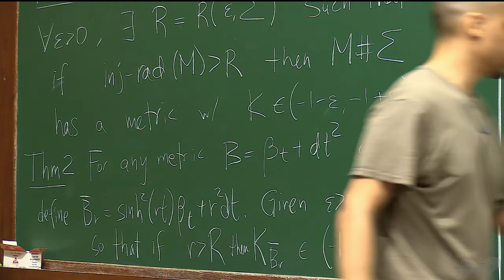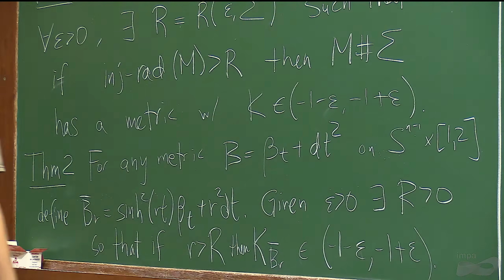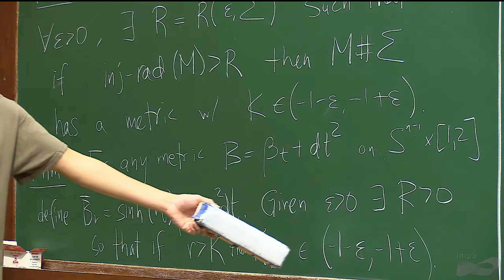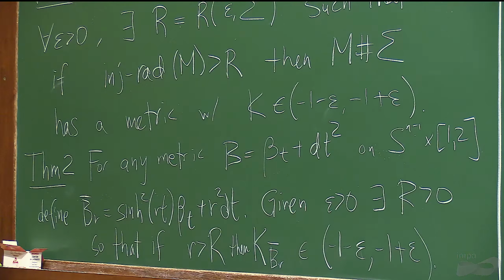Okay, so theorem 1 implies theorem 2. Once we have this metric that glues smoothly and has negative curvature on the annulus, and the curvature was already hyperbolic everywhere else, it's negative everywhere on M connect sum Sigma.